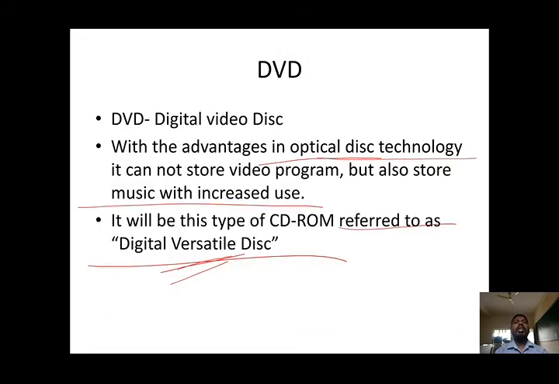Understand? Next, DVD. What is the expansion of DVD? Digital video disc. With the advantages of optical disc technology, we can store not only video programs but also music data, and with increased usage it is also referred to as digital versatile disc. What is meant by versatile here? We can store any kind of data.